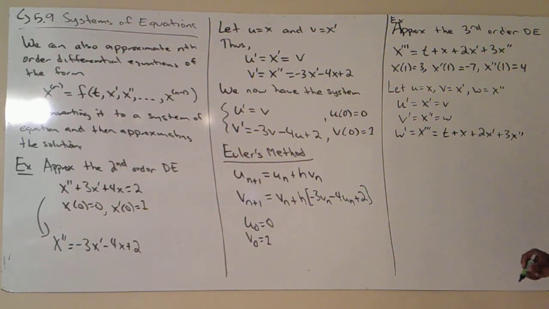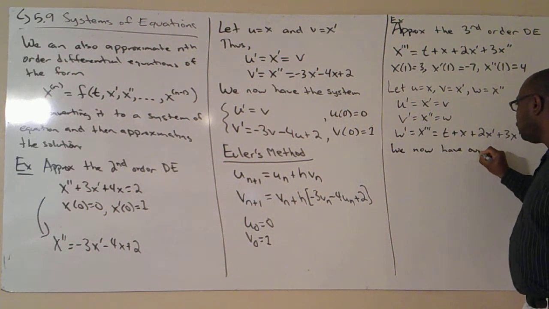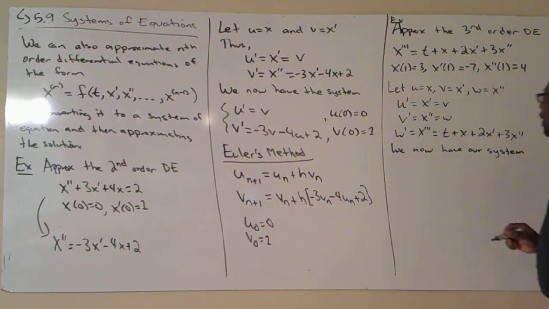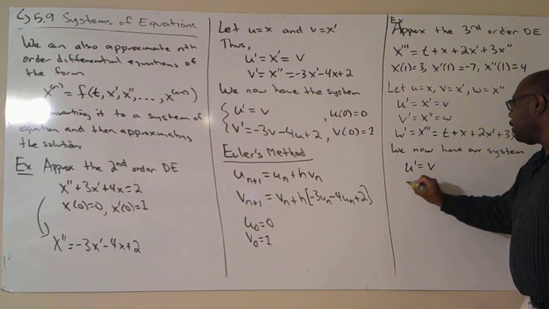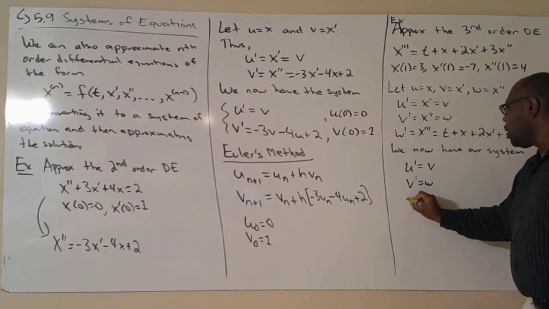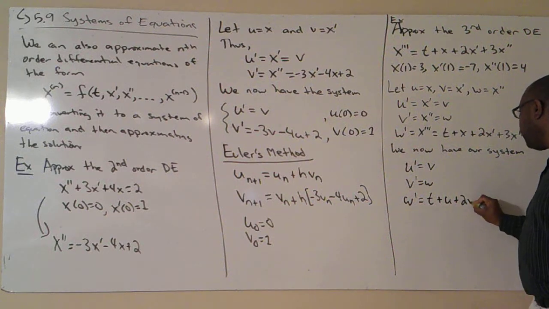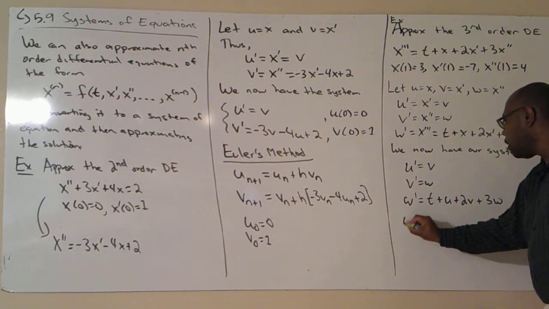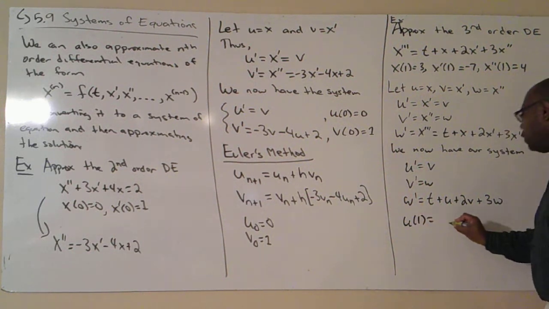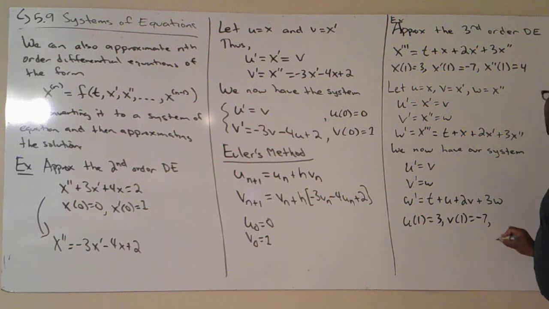Now we have our system of equations: u prime is equal to v, v prime is equal to w, w prime is equal to t plus u plus 2v plus 3w, where u of 1 is equal to 3, v of 1 is equal to -7, and w of 1 is equal to 4.